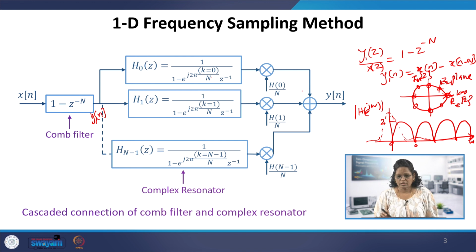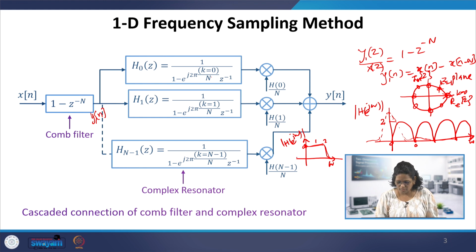Added together, it will form a low pass filter with omega and H of e power j omega. The magnitude would be such that k equal to 0, 1, 2 are passed and the remaining are 0. So how do we get this? Here is the central response of the DC resonator and the fundamental and second harmonic. This is the cascaded structure, and the addition of the resonators would result in a frequency response like this.